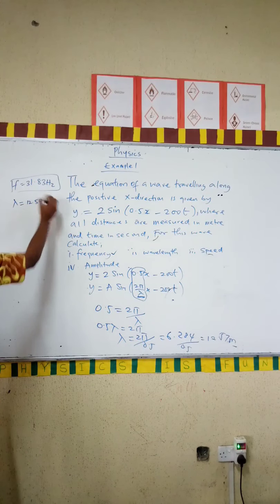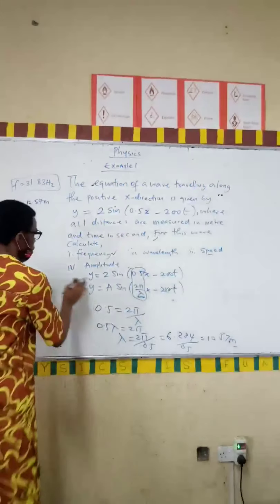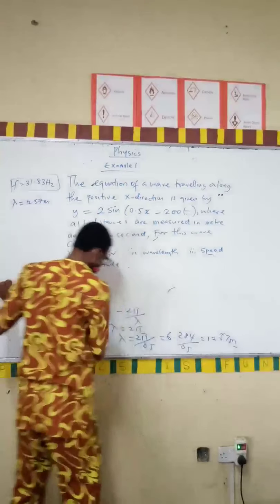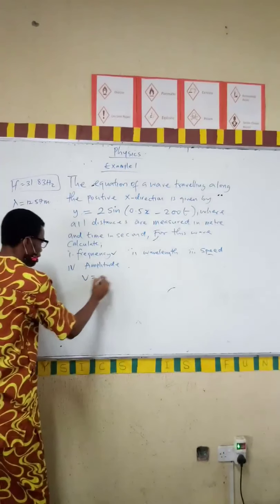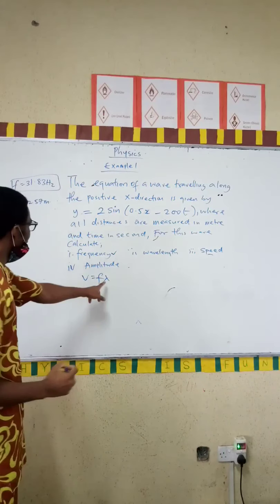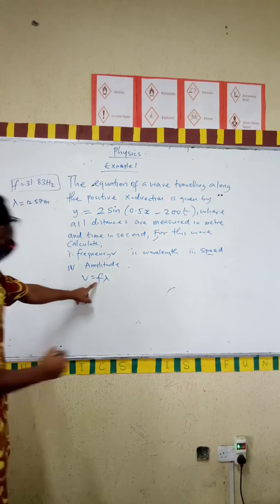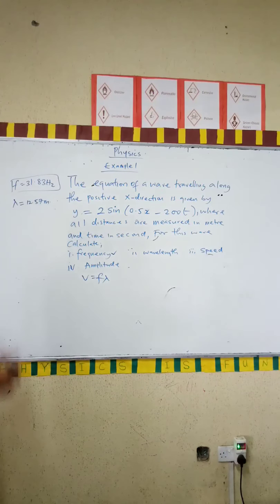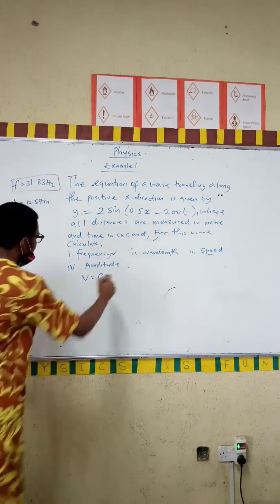So next is speed. To get the speed is very simple, which is V. And we know that V is F lambda. We've calculated lambda already, and we have calculated F already. So that makes it as simple as ABC.